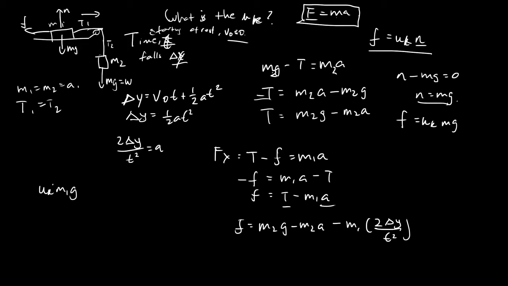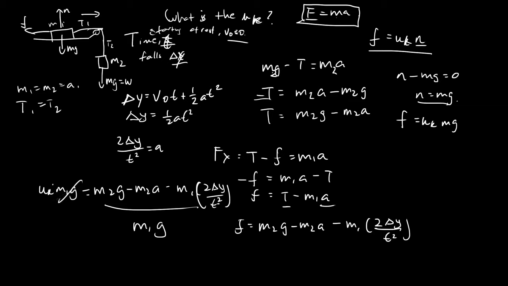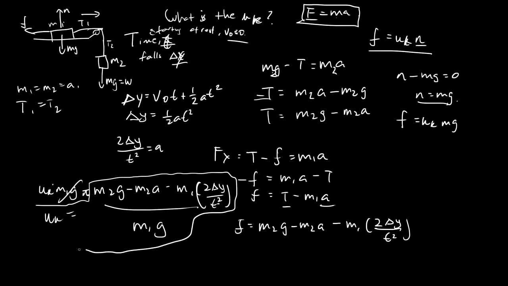There's no ground here for it to have friction. This equals m2g minus m2a minus M1 times 2 change in y over t squared. Just divide the entire thing by M1 g. So you're just going to get mu k, and mu k is just equal to this value right over here. That is how you solve for the kinetic coefficient of friction.